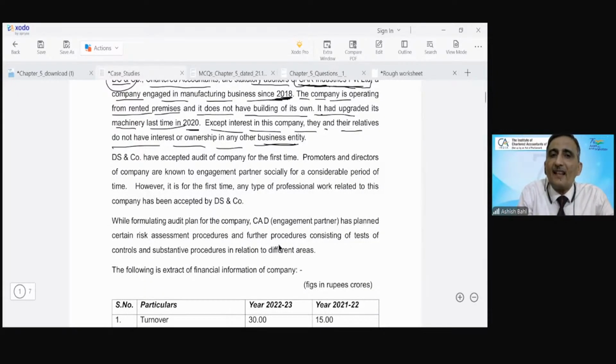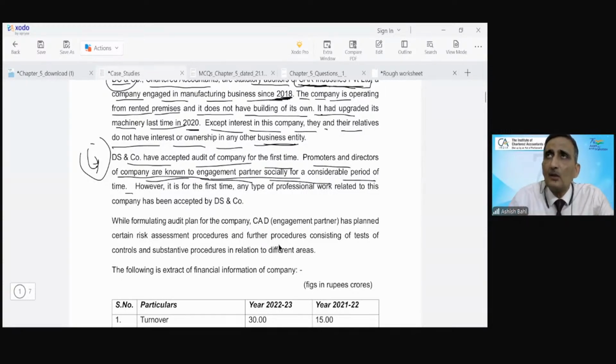So DS and company have accepted the audit of the company for the first time. Now it is the first assignment of DS and company. Promoters and directors of the company are known to the engagement partner for a considerable period of time socially.